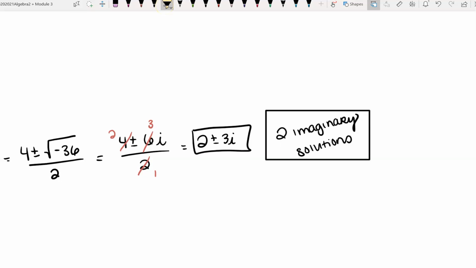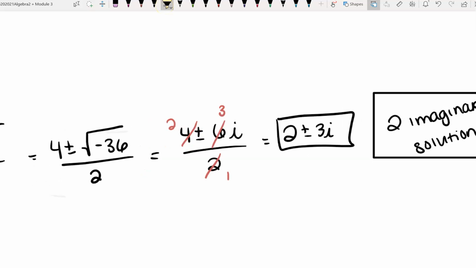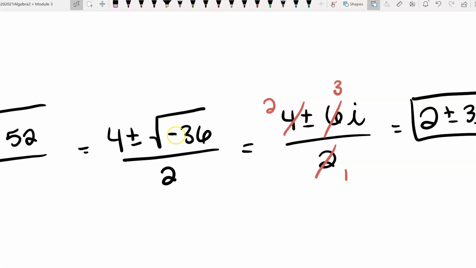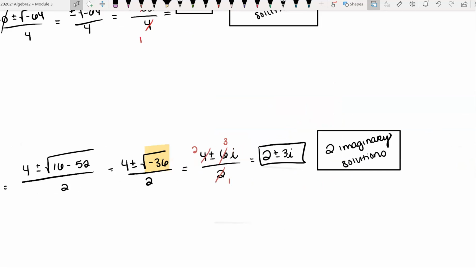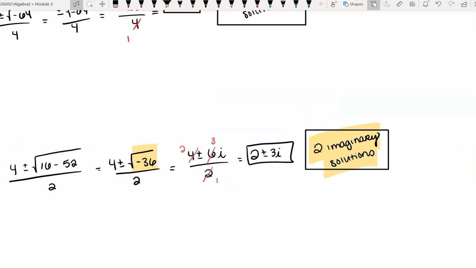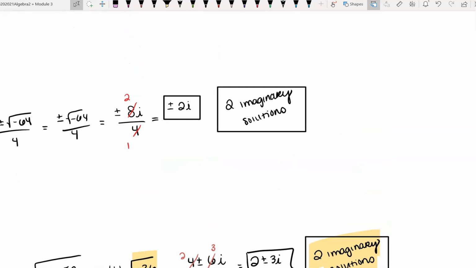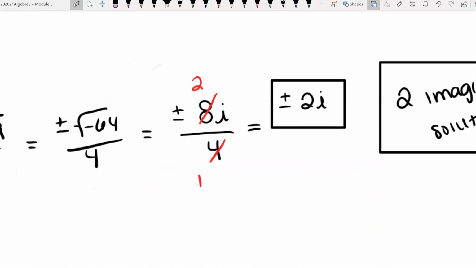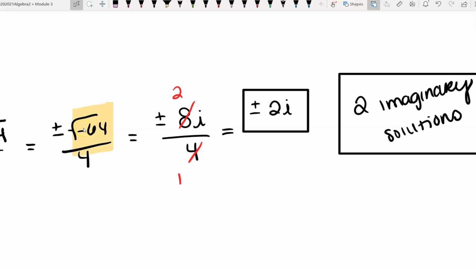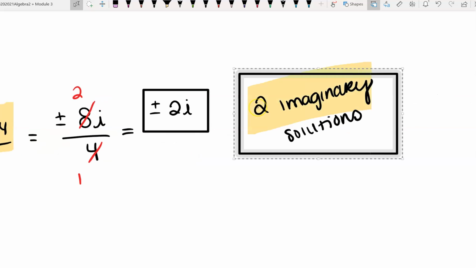For instance, when I plugged all of this into the quadratic formula, underneath the square root, I got a negative 36. And my type of solutions was 2 imaginary solutions. Negative number under the radical, 2 imaginary solutions. Up here, this problem, negative under the radical, and my answer was 2 imaginary solutions.